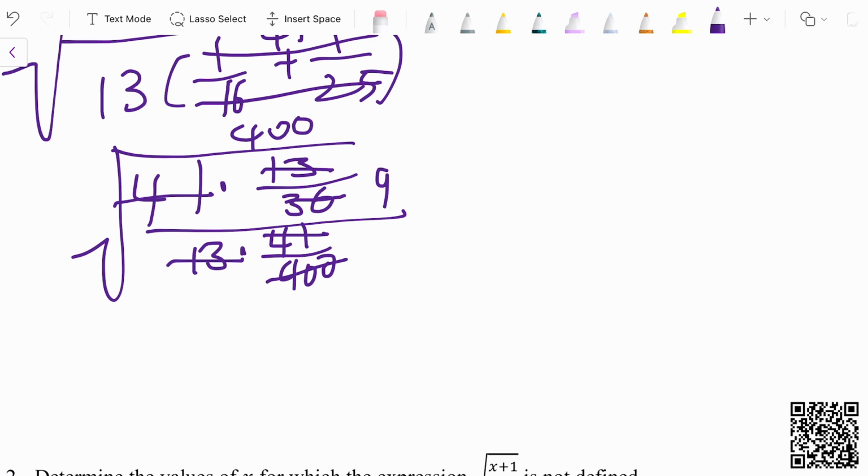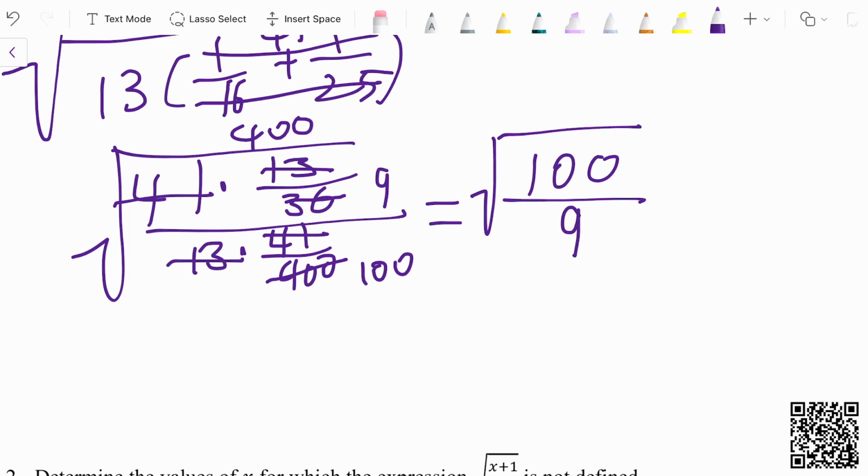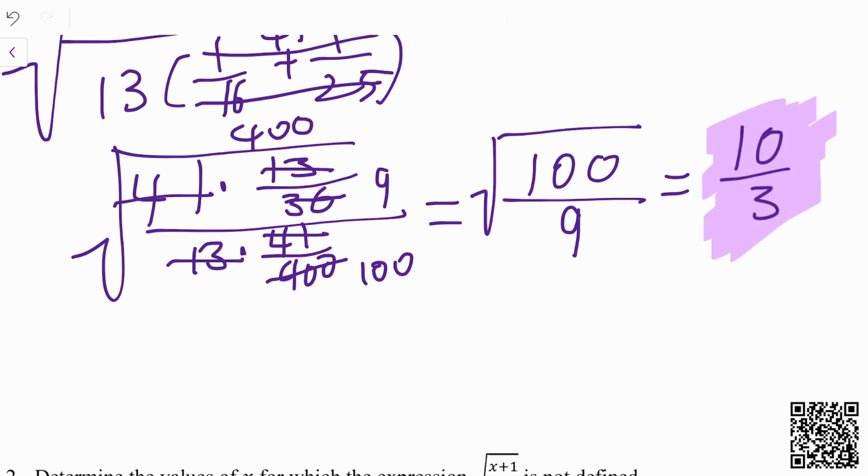So 9 divided by 4, so 100. Now we have 1/9 over 1/100, which is basically 1/9 times 100, which is 100. This is equivalent to 100 over 9. And then when we bring it out of the radical, we will get 10 over 3. And so 10 over 3 is our final answer.